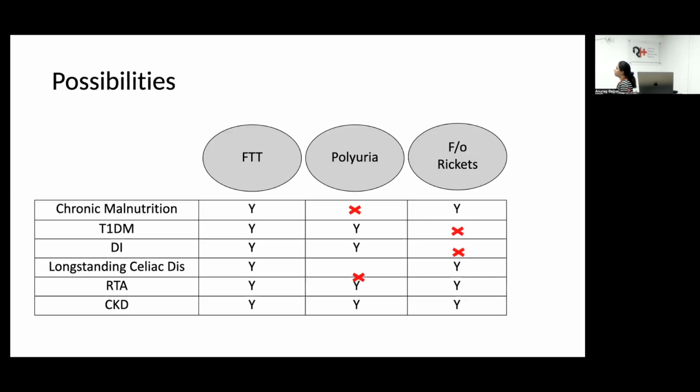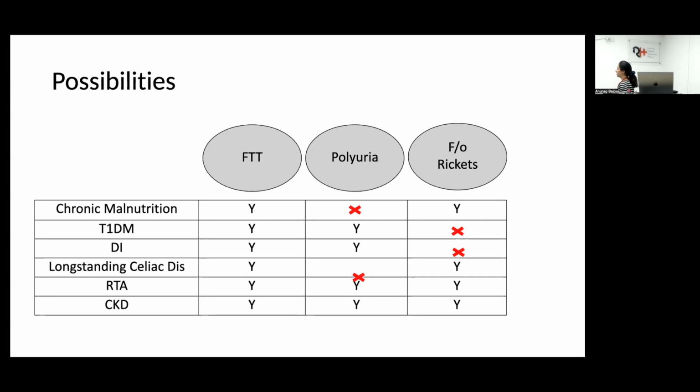If we look at the three major things, failure to thrive, polyuria and features of rickets, we can think of chronic malnutrition, which can explain the failure to thrive and rickets. However, it cannot really explain the polyuria. Moreover, chronic malnutrition will be associated with other micronutrient deficiencies and protein deficiency, but she had no features of hypoproteinemia or any other micronutrient deficiency.